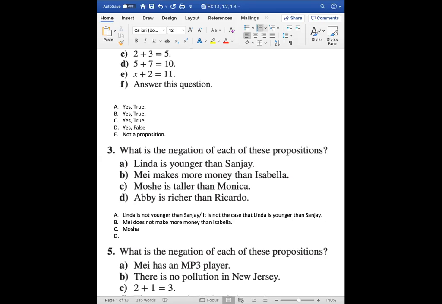We can say Mosh is not taller than Monica, or we can say Mosh is shorter than Monica. The next one is Abby is richer than Ricardo. So Abby is not richer than Ricardo.